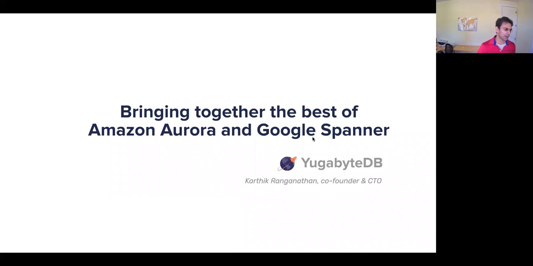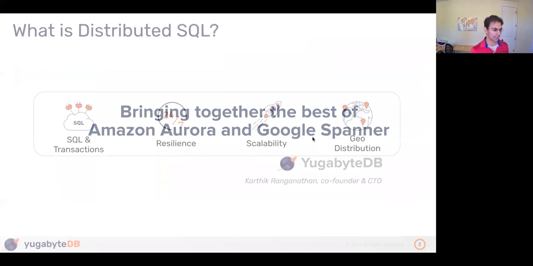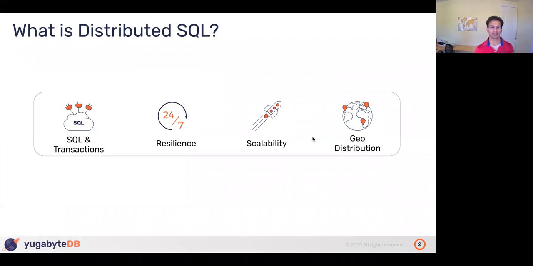So this talk is about bringing together the best of Amazon Aurora and Google Spanner. For a little bit of background, YugabyteDB is a distributed SQL database, and what that means is it brings together SQL and transactions, so keep the whole RDBMS, ACID compliance, all of that, but also enable people to be resilient to failures, to scale horizontally by adding more nodes, and to geographically distribute data, whether it's a multi-zone deployment, a multi-region deployment, synchronous, asynchronous, a lot of different options, right?